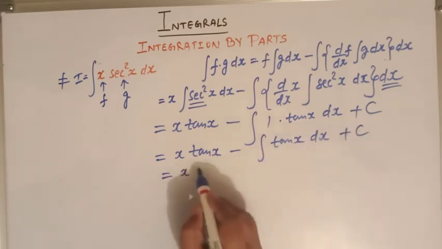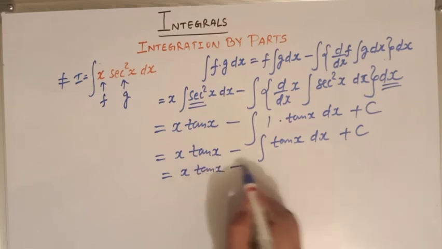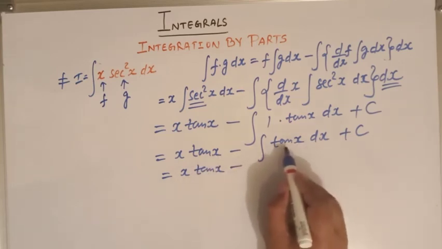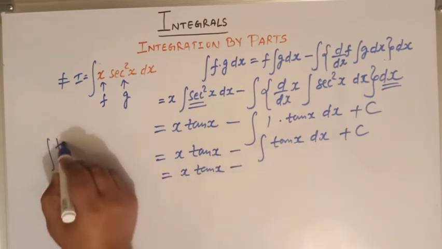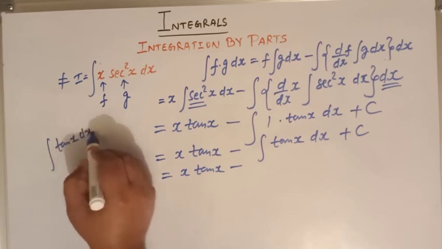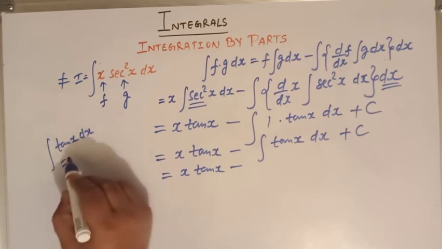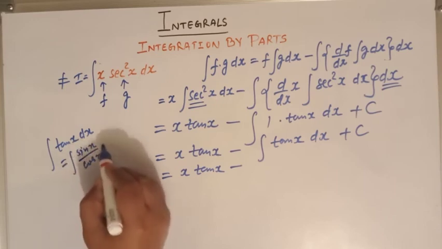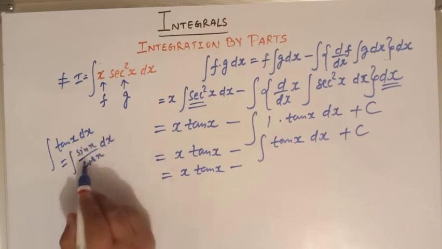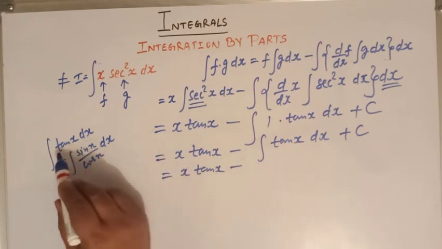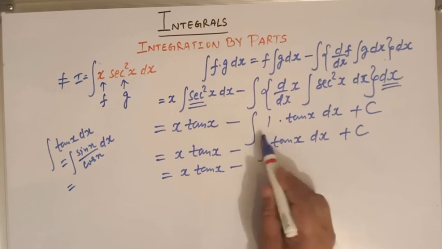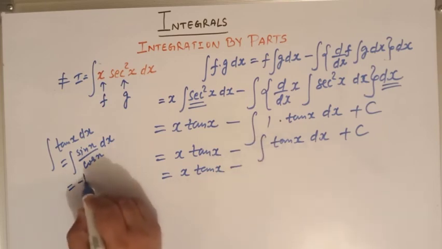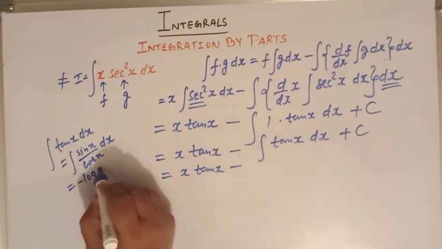Now we know the standard result for the integral of tan x, because the integral of tan x can be written as sin x over cos x, and the direct formula for the integral of tan x is minus log of cos x.